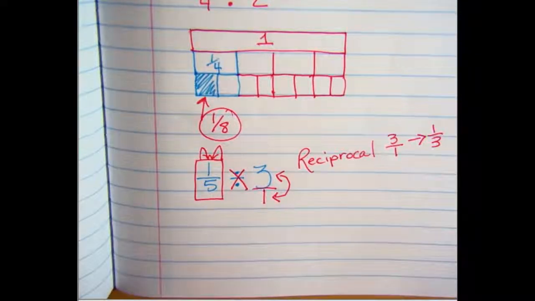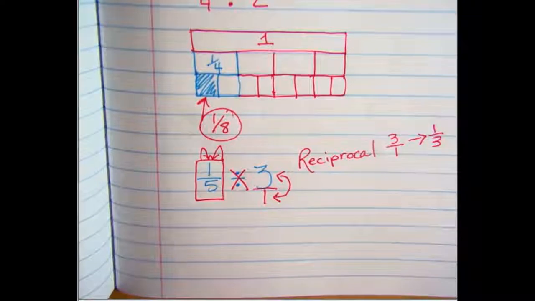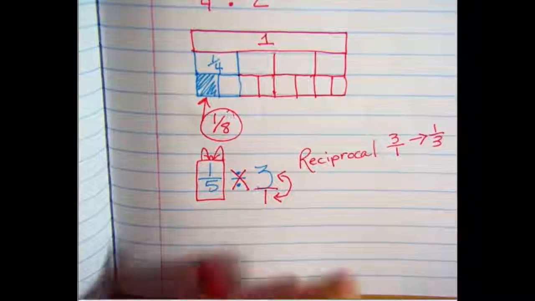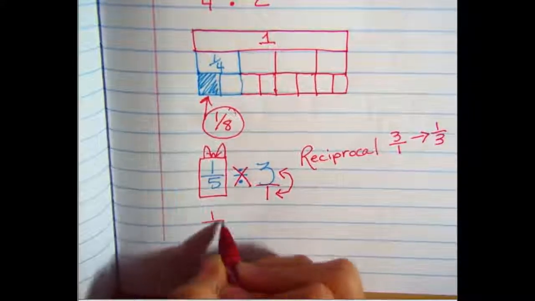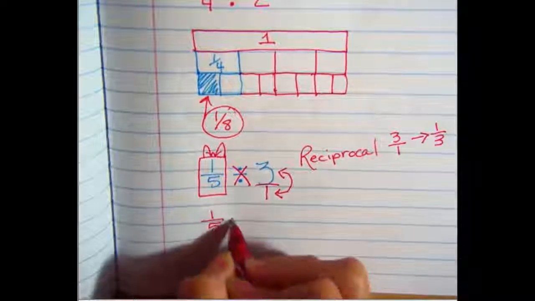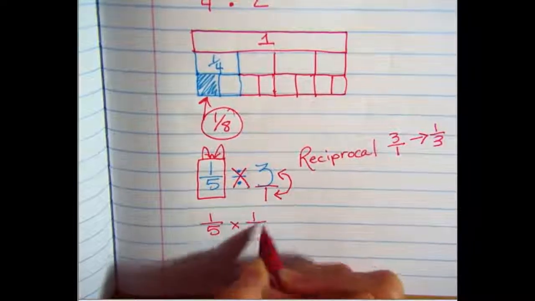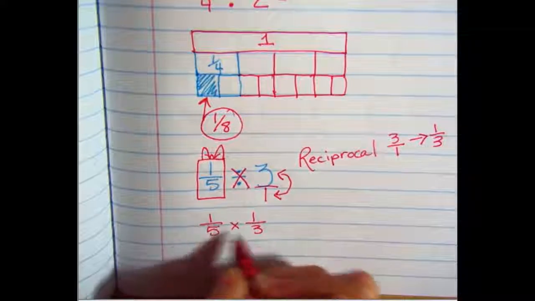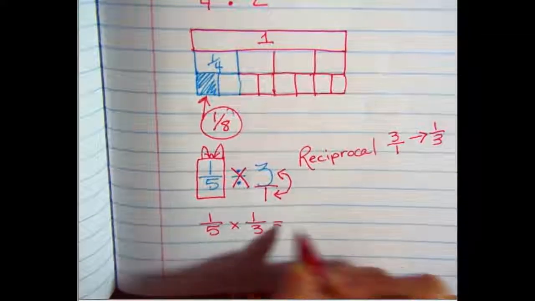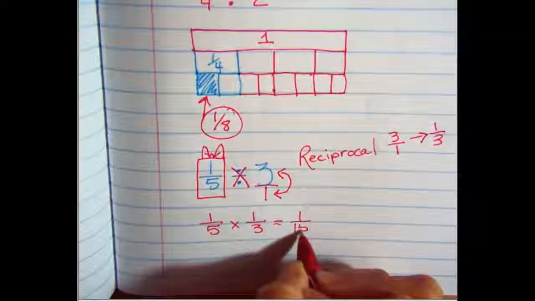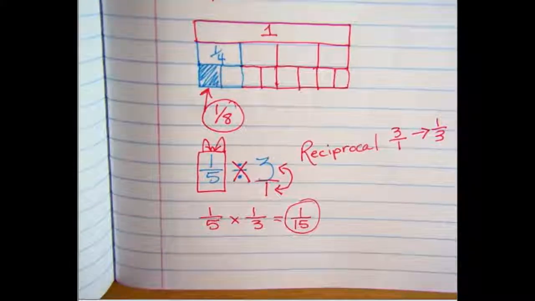And I'm going to tell you, the kids that will miss these problems are the ones that are not going to write it down again. I'm going to write it down one more time as my new multiplication problem. Yay! So my new problem is 1/5 times 1/3, and my answer is 1/15. That's all we're doing, guys.